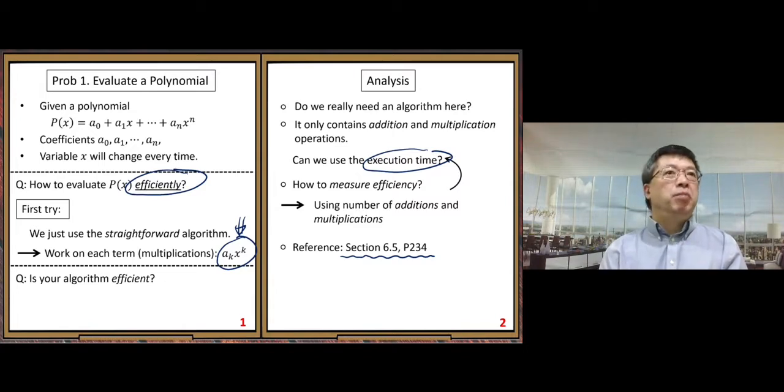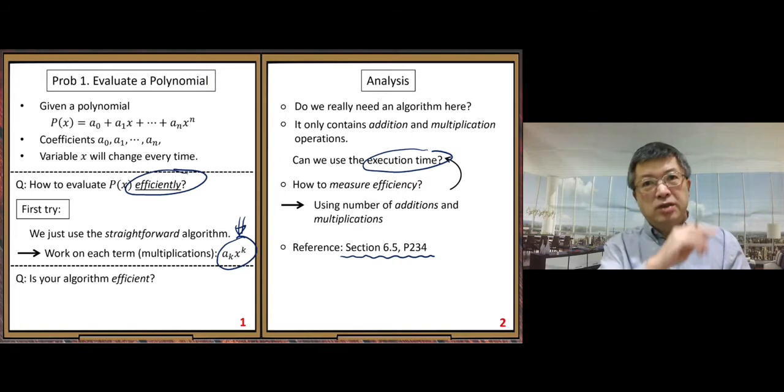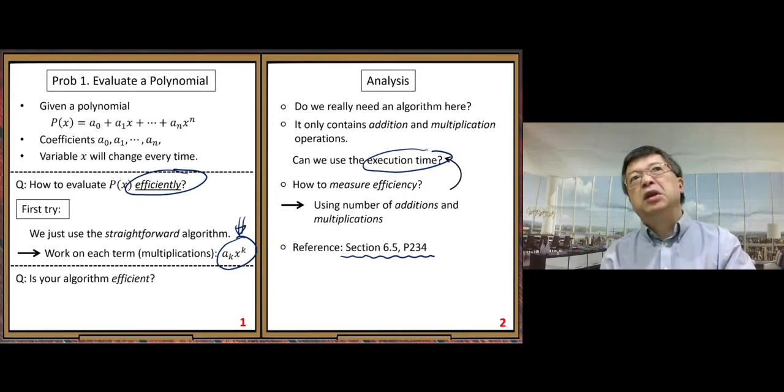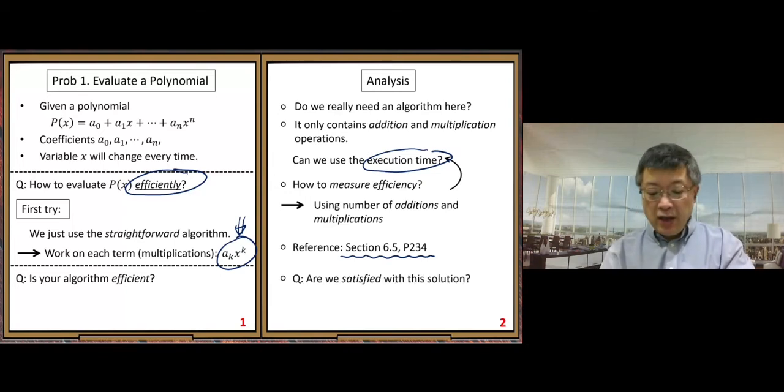But this question, at this point, is very hard to answer because we don't know other solutions, right? We only know this solution. We cannot do any comparison. So next, we need to try to find a different solution and do the comparison. Okay, so the question, are we satisfied with the solution?